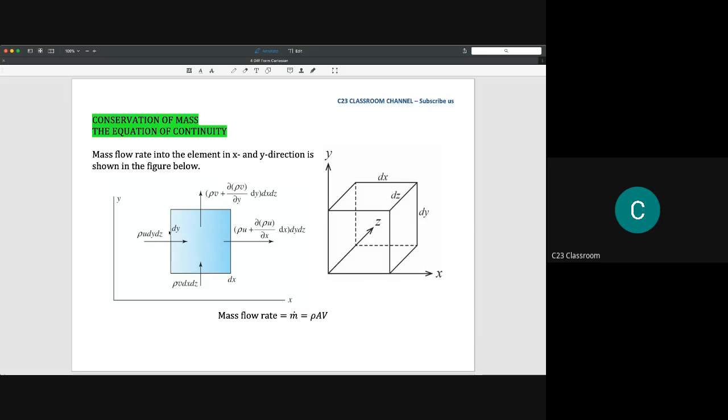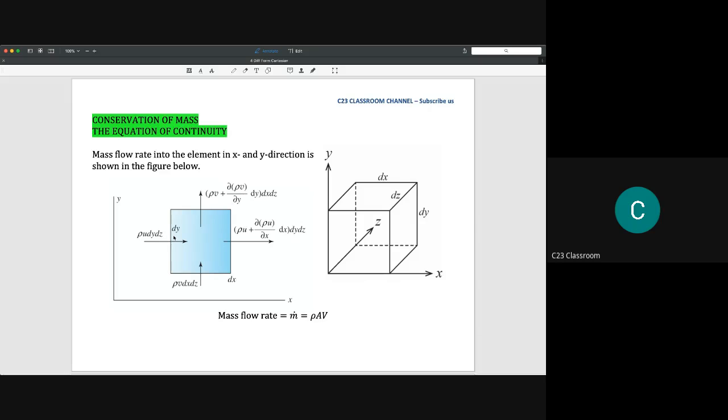As you can see, the equation reflects rho A V. The rho is the density of the fluid, and dy dz is the cross-sectional area A. This is dy, and the width, which is normal to the screen, is dz.